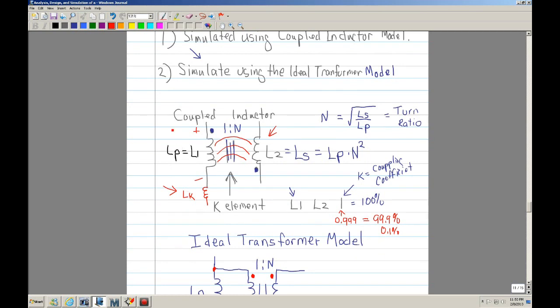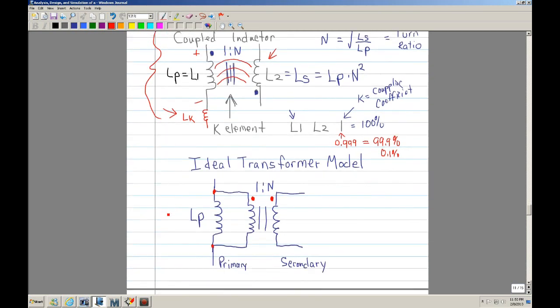Okay, so you've already seen this and you've seen that it works fairly well. But the main goal of this video is to introduce the ideal transformer model, which is another way of modeling a transformer.